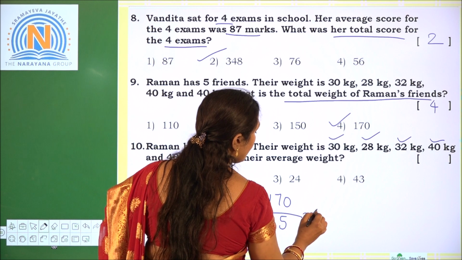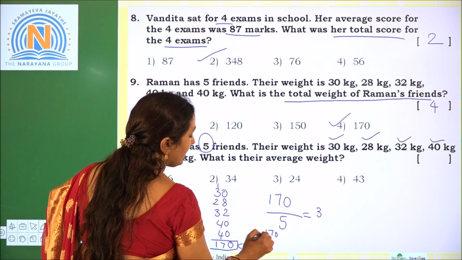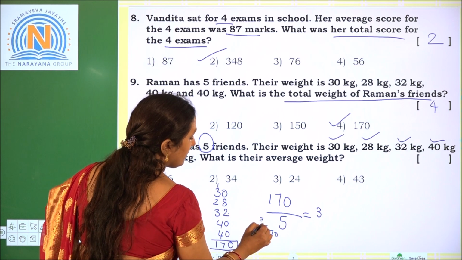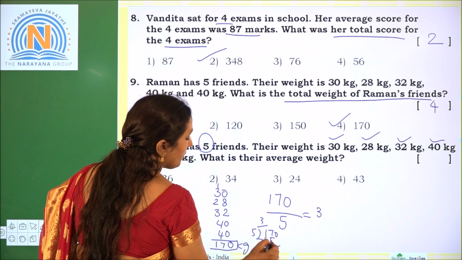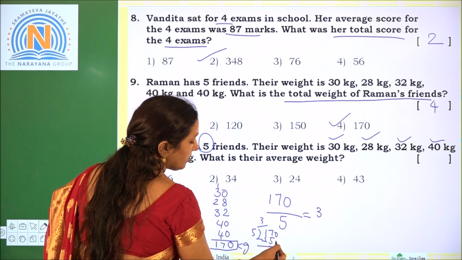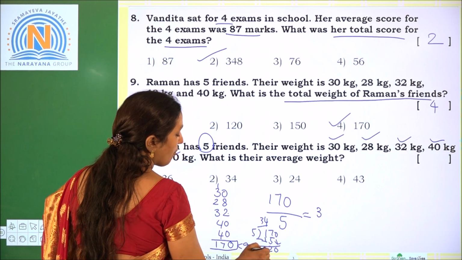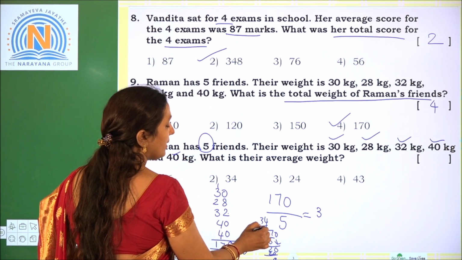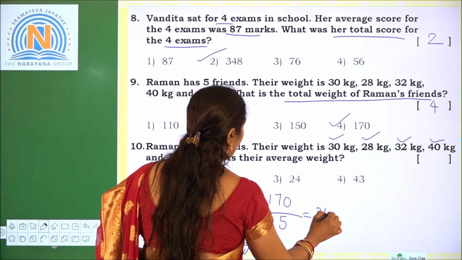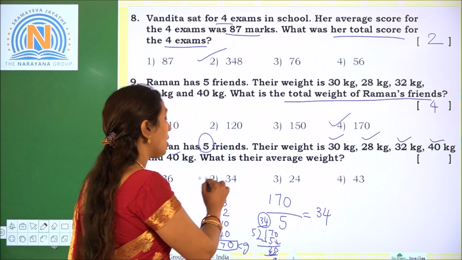How many times can we take? 3 times. 170 divided by 5, 3 5s are 15, now 2. Because 7 minus 5 is 2. We then bring down 0. How many times will it be? 4 times. 4 5s are 20. So it will be 0. The average weight is 34 kgs. So which is the correct option? Option 2.